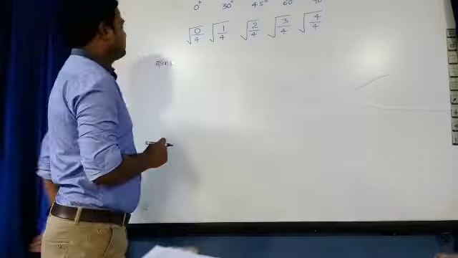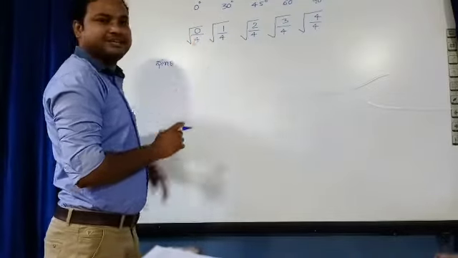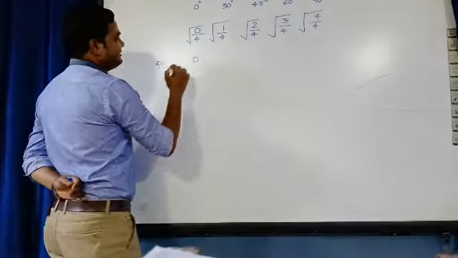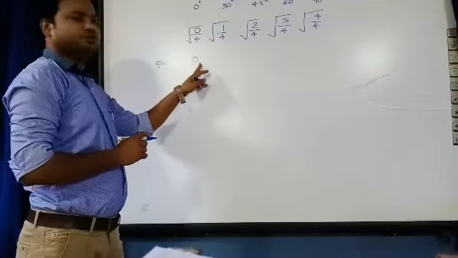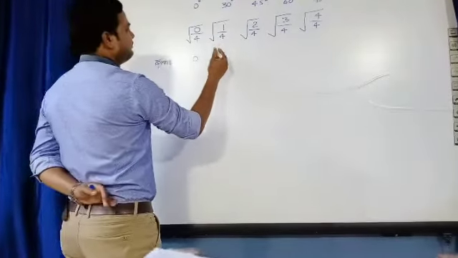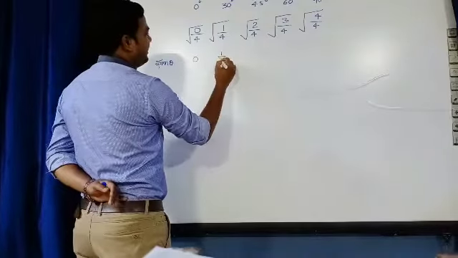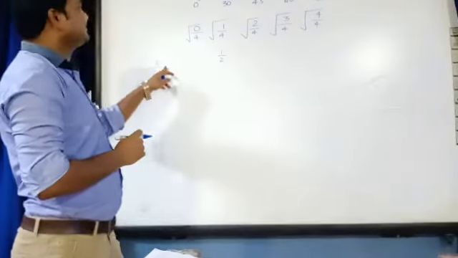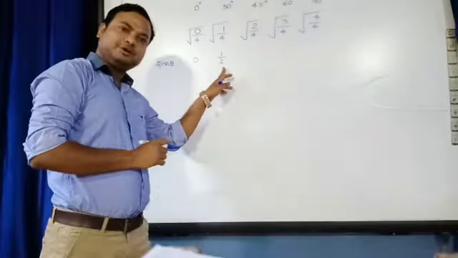Sin theta: 0 by something equal to 0. It means sin 0 equals 0. Now here 1 by 4 gives root 1 by 2, equal to 1 by 2. It means sin 30 equals 1 by 2.